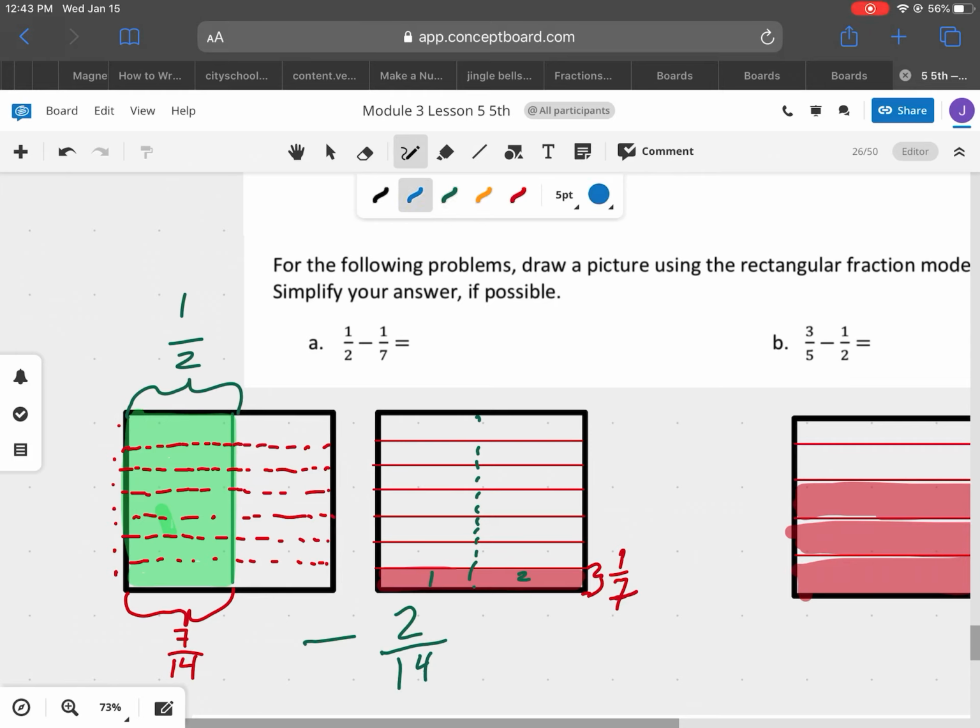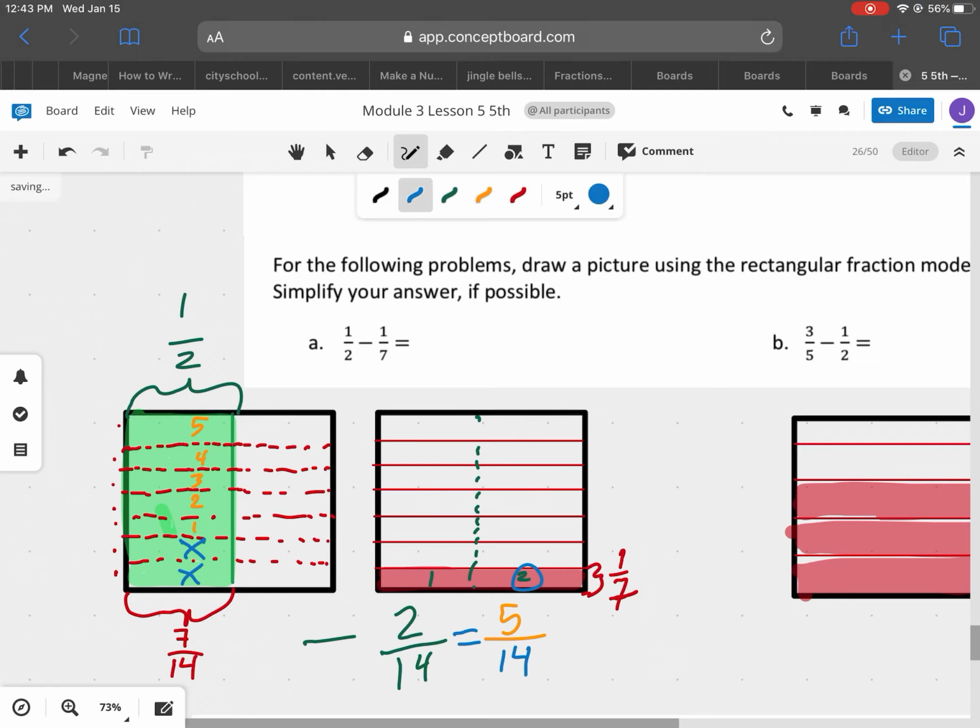Okay. Now this is what some of the students are forgetting to do, or how to do it. Now I have 2 here, so I'm going to cross out 2 over here. Now that leaves me with 1, 2, 3, 4, 5, 5 14ths are left.